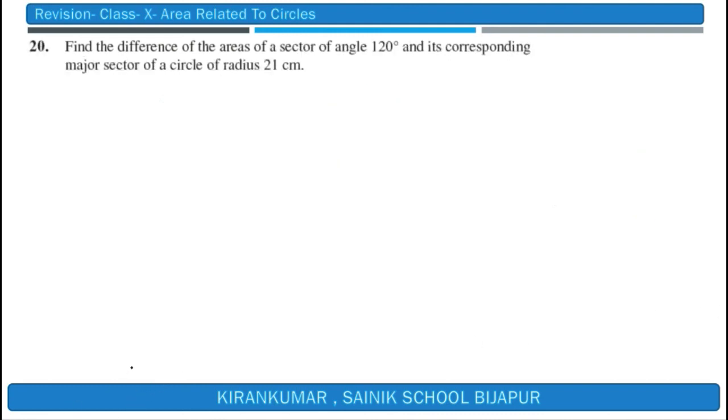Now we have come to the last question of the exercise. Find the difference of the area of the sector of angle 120 degrees and the corresponding major sector of a circle of radius 21 centimeter. So here there are two things. One is a minor sector and the other one is a major sector.